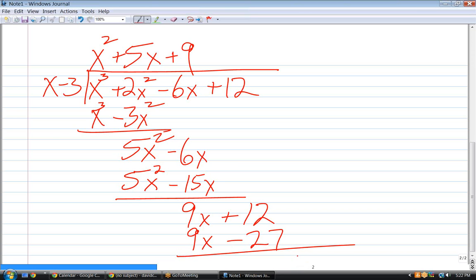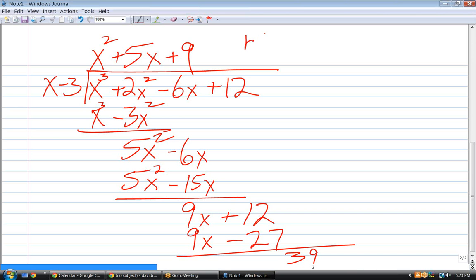It would be positive 39. We got a 12 minus a minus 27, so it'd be 12 plus 27, so 39. And it doesn't have an x anywhere. We've gotten rid of all of our x's. That makes that the remainder.